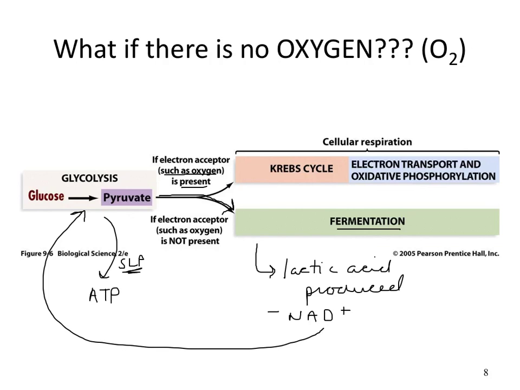So the cell will find a way to continue making ATP by continually running glycolysis. And the way that it will do that is by processing pyruvate differently.